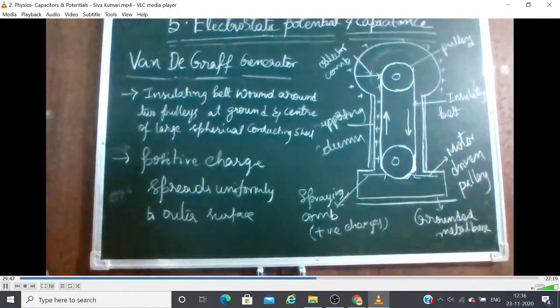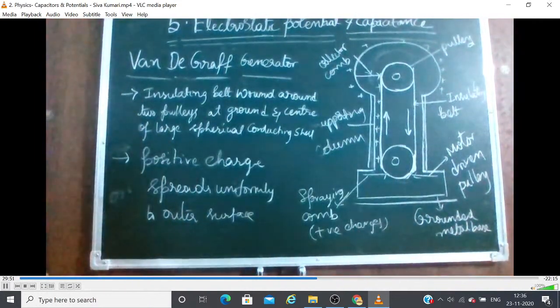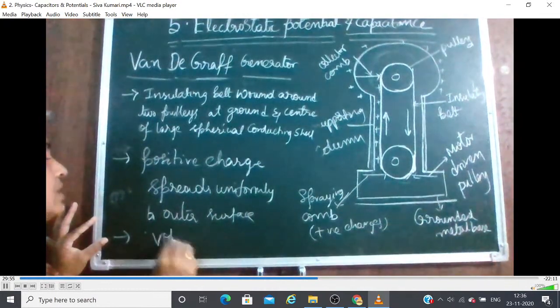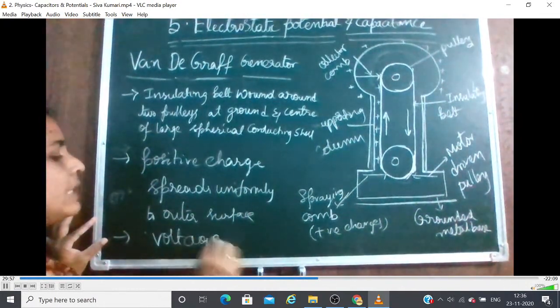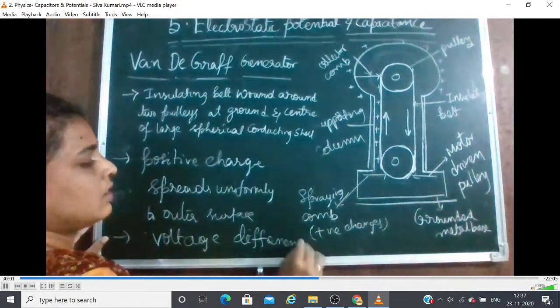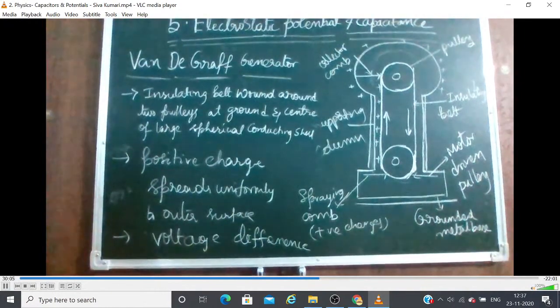So what happens automatically? So much voltage difference will be there. Voltage difference is developed. That means about 6 to 8 million volts of voltage difference is developed from the ground.